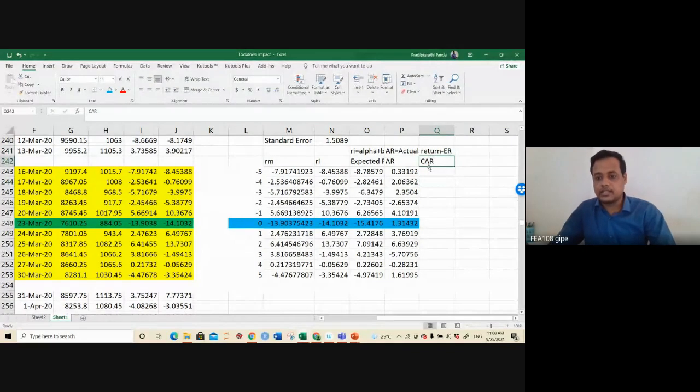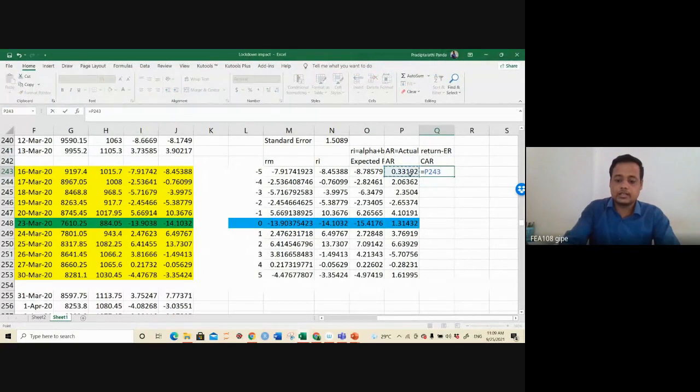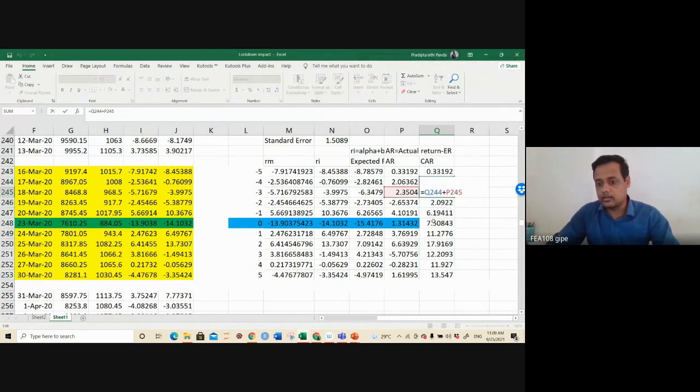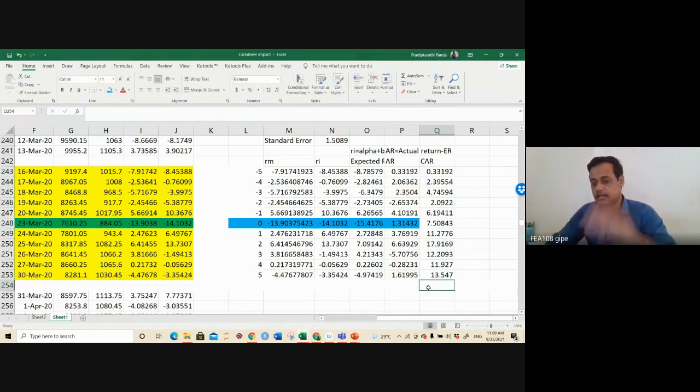Now CAR, you just cumulate it. This is cumulative, equals this plus this one for the second day, so this will cumulate. Now you just scroll it. Every day you are accumulating, and total cumulative return is available with you.